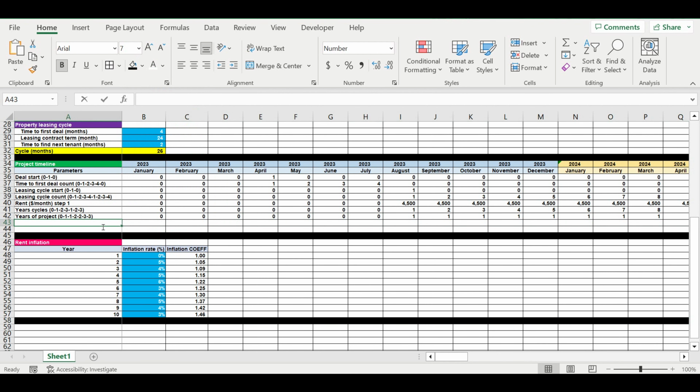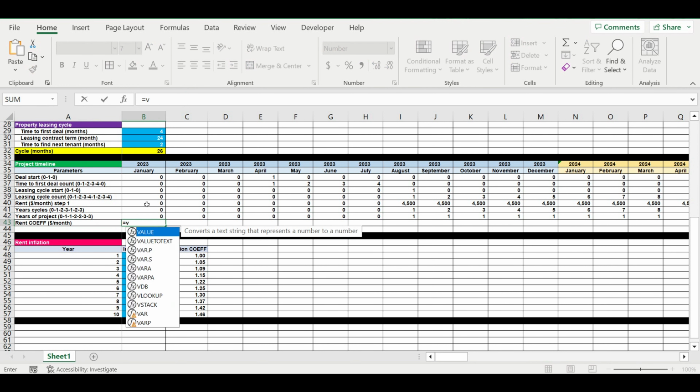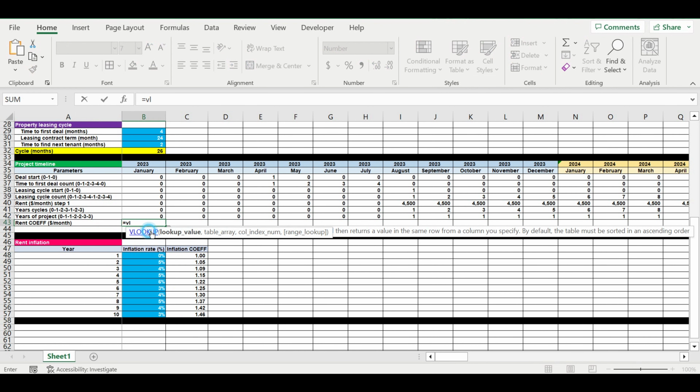So this will be rent price, dollar per month, and rent, let's say, rent coefficient. And what I will do now, I will use VLOOKUP. I will search this value in this table.